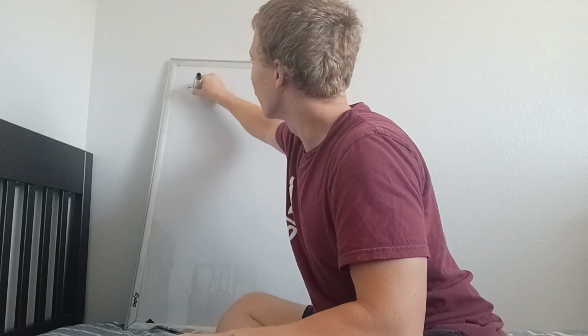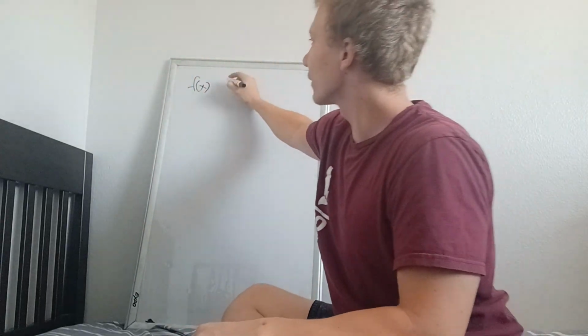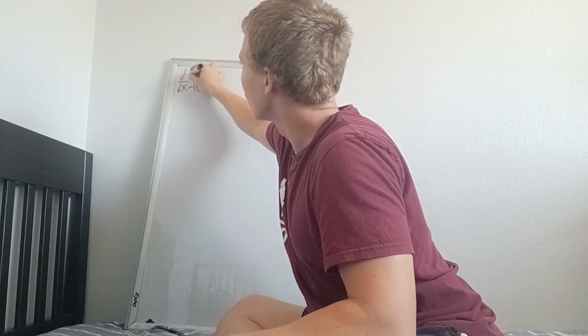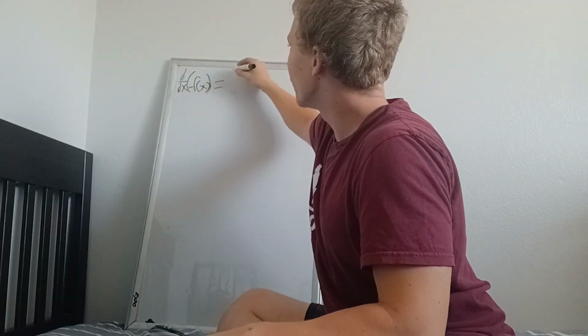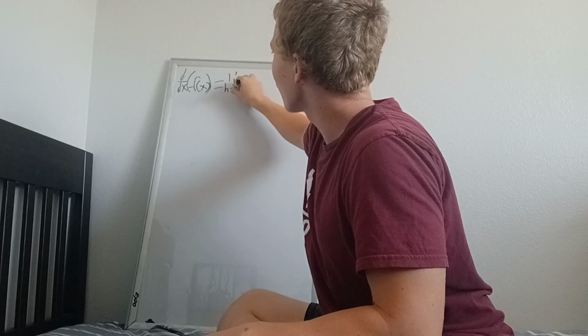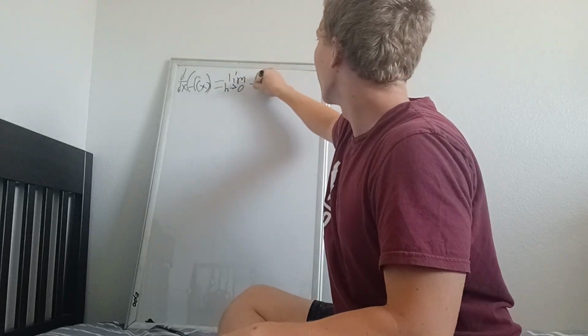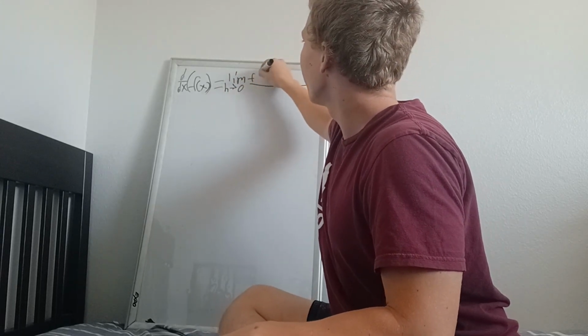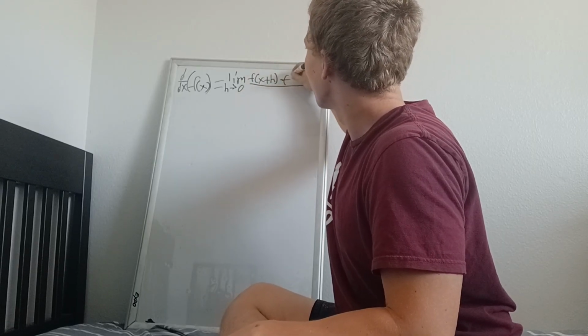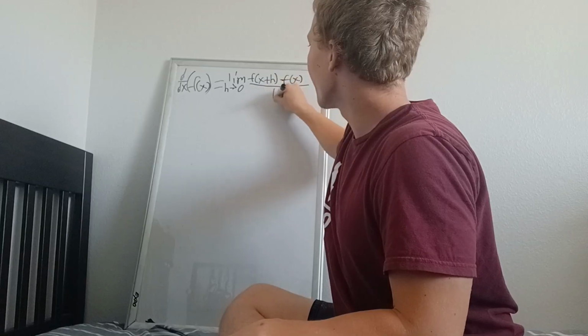So, starting with derivatives, you've probably seen this before. A function f of x, if you take the derivative, you get this whole thing. The limit as some number h approaches 0 of f of x plus h minus f of x all over h.